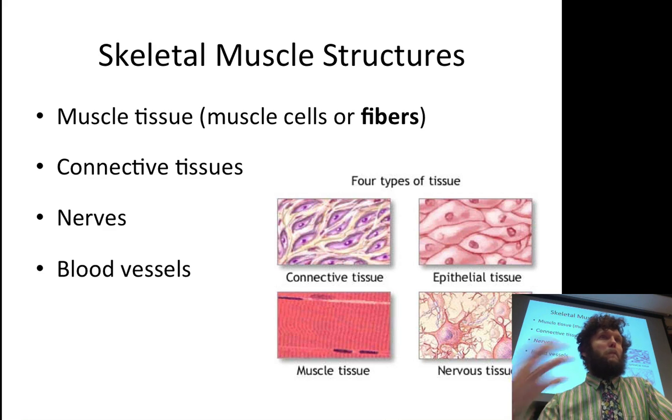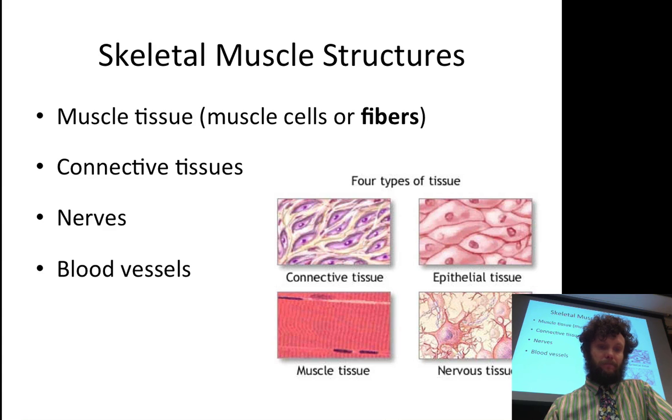A skeletal muscle itself is made up of all four tissue types. So we have, of course, the muscle tissue, the contractile muscle tissue. We have nervous tissue, the job of which is to excite and stimulate the muscle tissue.